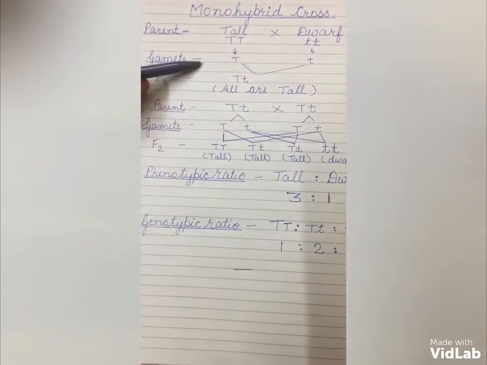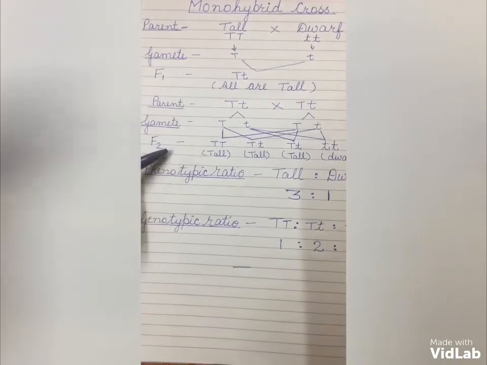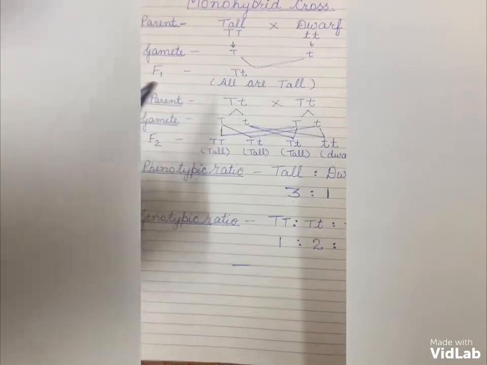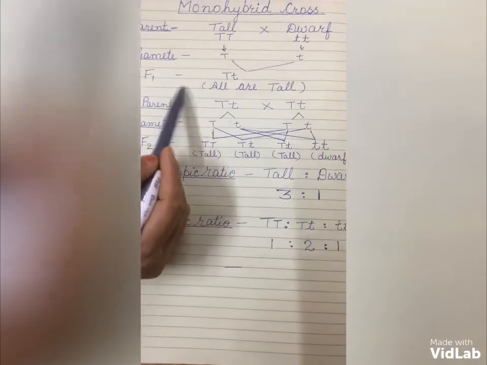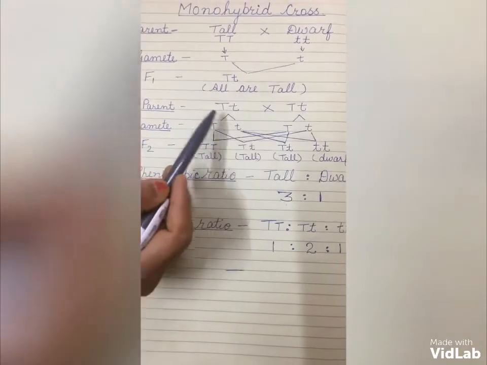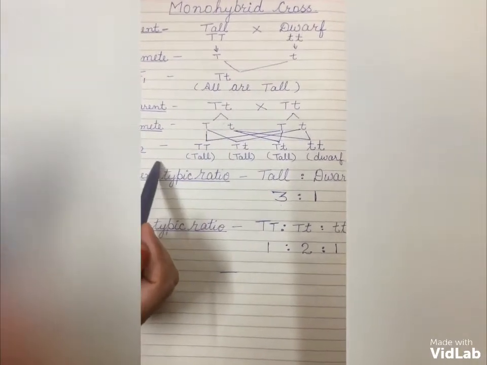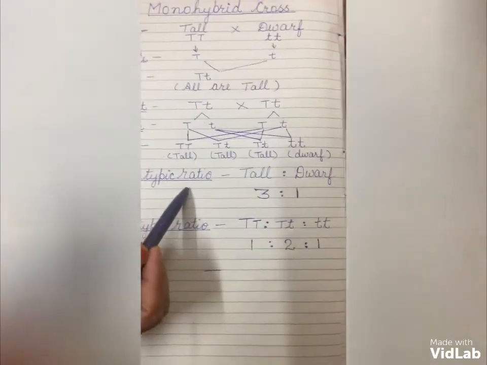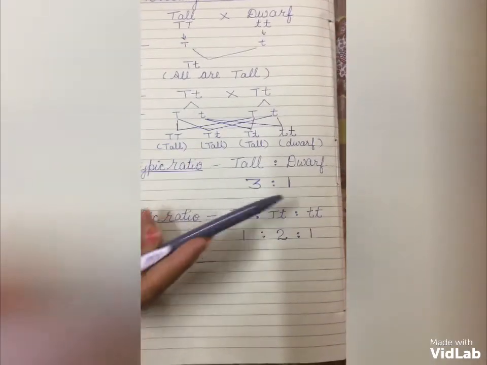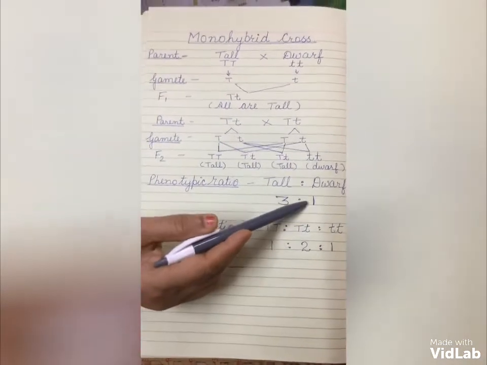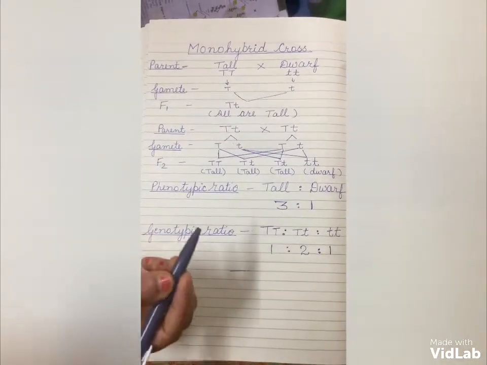All are tall. For the next generation, when F1 individuals are crossed, then in the F2 generation, the phenotypic ratio is 3:1. 3 tall and 1 dwarf individual is produced.